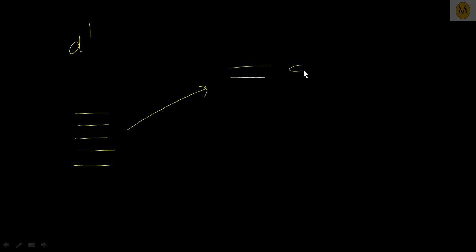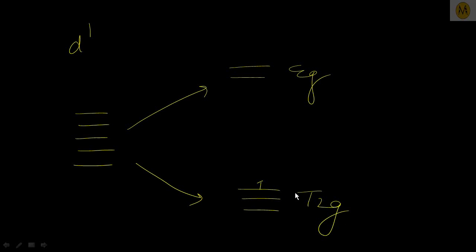This is Eg and this is T2g. Now when you fill the electron, it can occupy any of the T2g orbitals, any one: dxy, dyz, dzx, and Eg will remain 0. So what are the possible combinations?